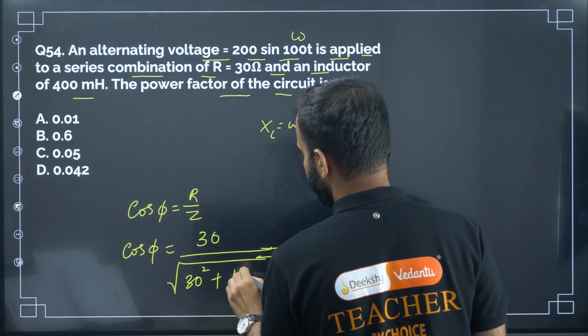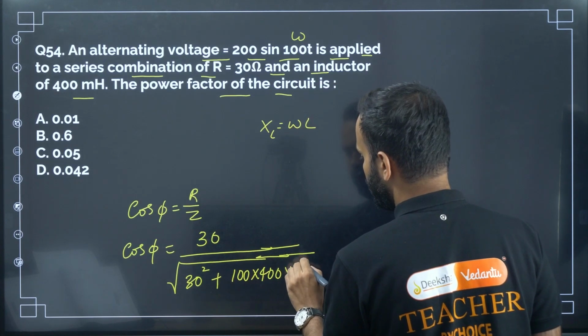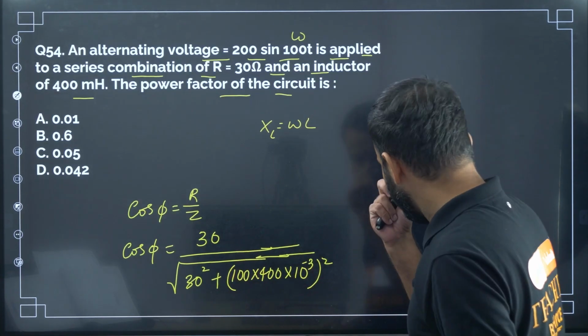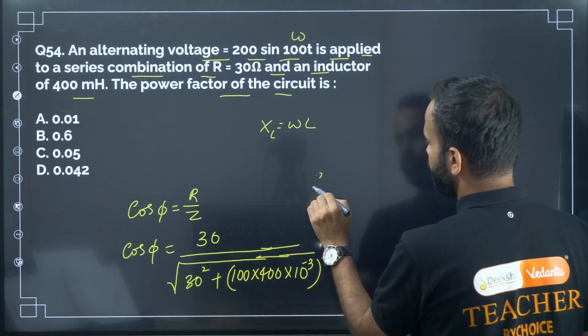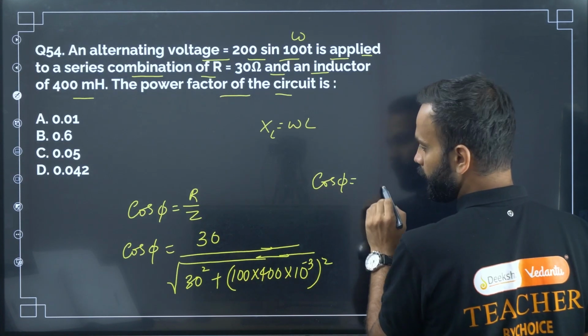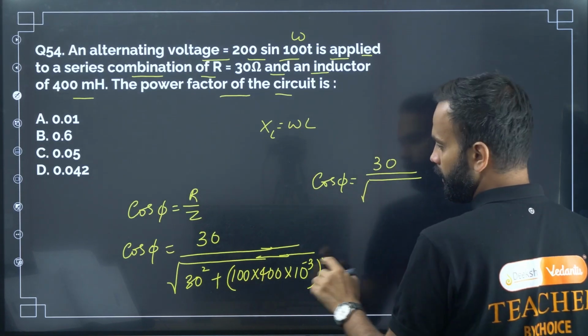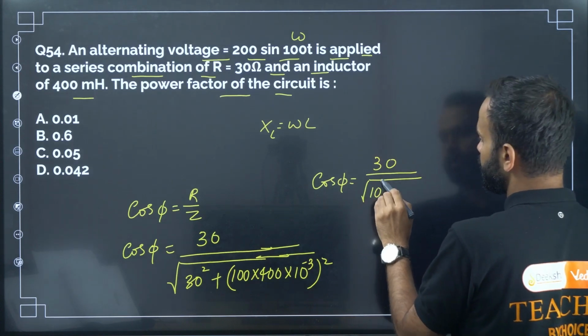So XL is 100 into 400 into 10 to the power minus 3. So now this will be 40, right? So cos phi is equal to 30 divided by root of 30 square plus 40 square. So take 10 square as common here.